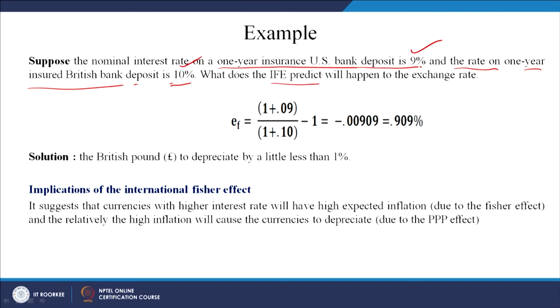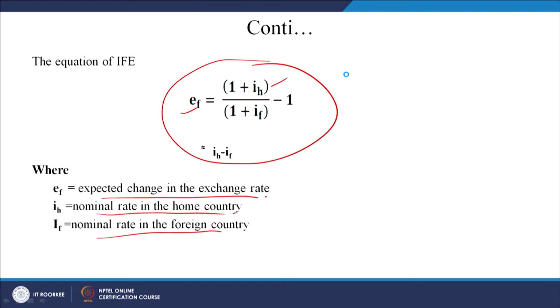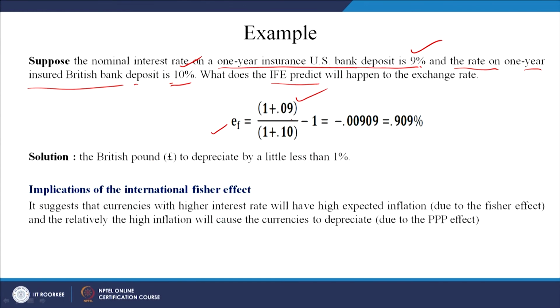What does IFE predict will happen to the exchange rate? Going back to the formula with home and foreign rates, the final value says the British pound should depreciate by a little less than 1%.